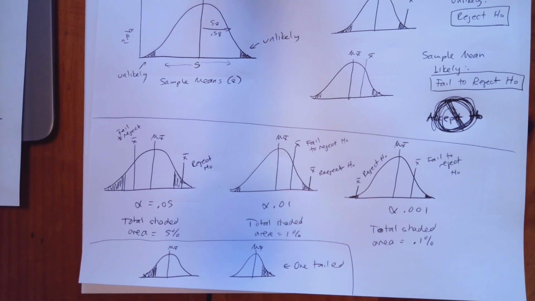And as I said before, the way we decide whether or not our test statistic falls in the shaded area is using something called a p-value. And there's actually a way to do it that doesn't involve a p-value that would require you to use the z-table or the t-table or various other tables that you have. But in this class, we're not going to do it that way. And the reason is that all this stuff is done by computer now.